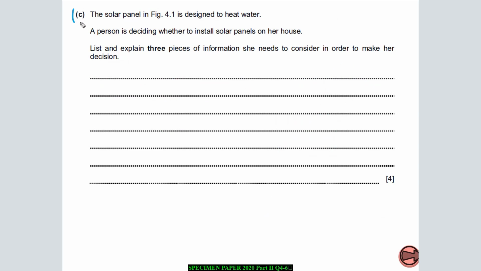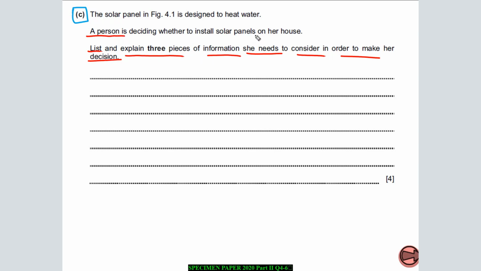Part C. We don't need any calculations. So this question we can just do without any calculations. The question is asking us to list and explain 3 pieces of information she needs to consider in order to make her decision. We need to help this person so she can decide easily.